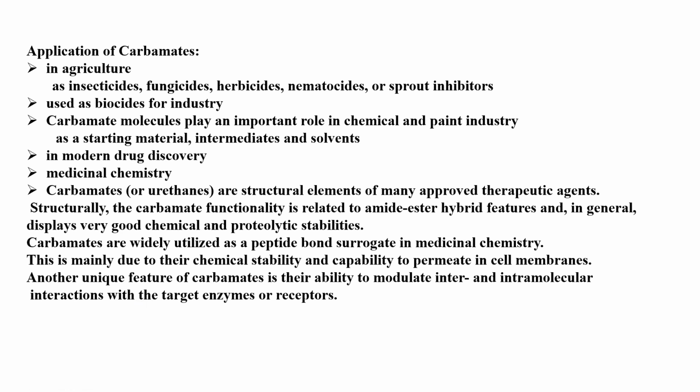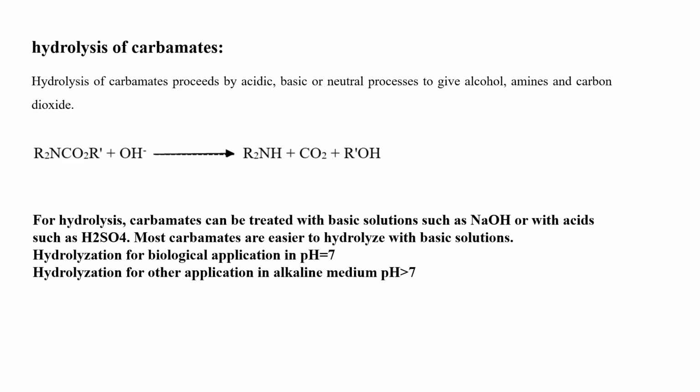The other important aspect of research in this field is hydrolysis of carbamates. Hydrolysis of carbamates proceeds by an acidic, basic, or neutral process to give alcohol, amine, and carbon dioxide, as you can see in this reaction. For hydrolysis of the carbamate, we should consider its application.